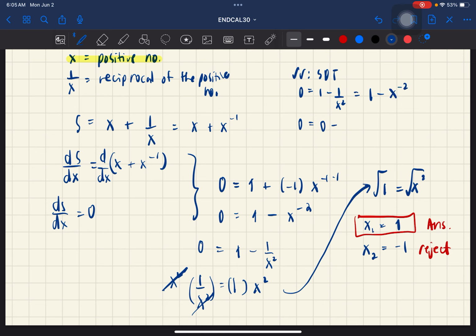So when you derive the constant, it's 0, and then you got negative 2 x raised to negative 2 minus 1. So that's 0 plus 2 x raised to negative 3, or 2 over x cubed.